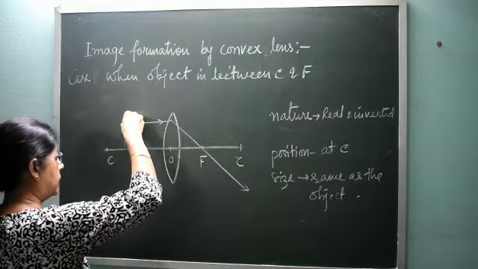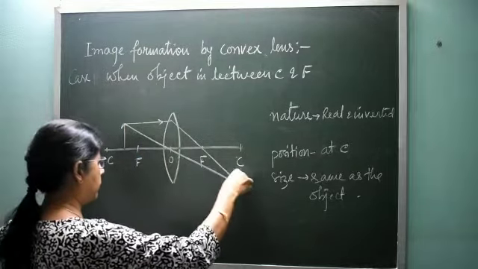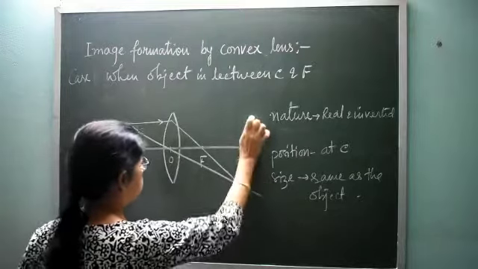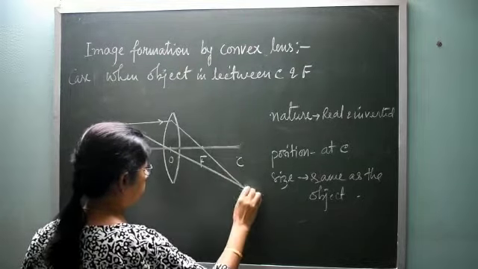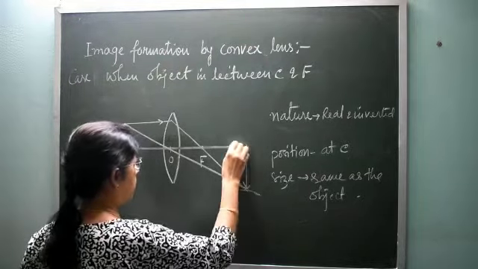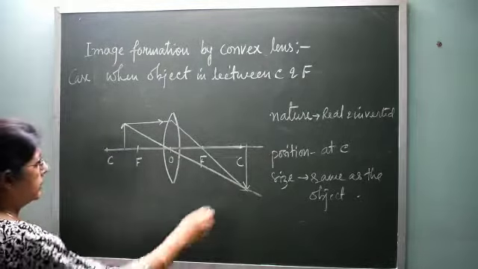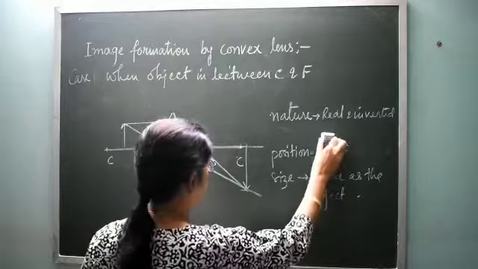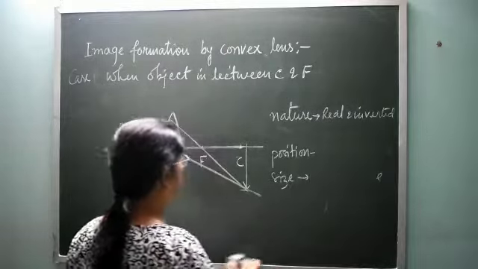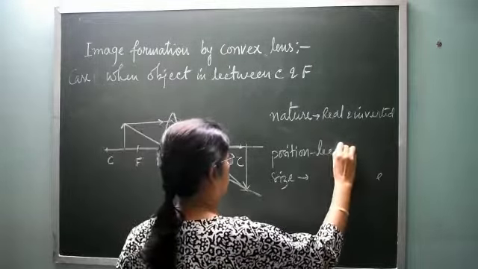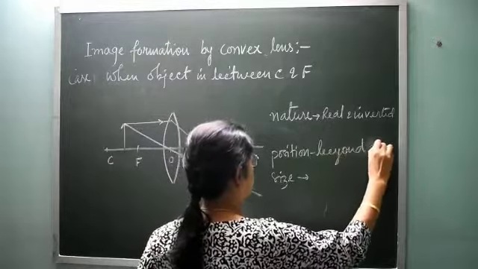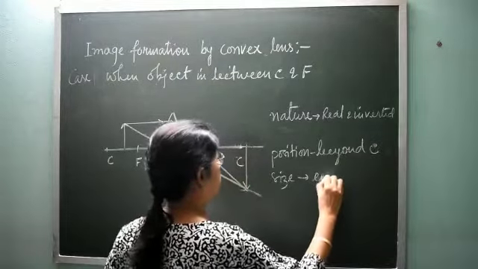Next, one ray passing through O will remain unchanged. Then these two rays meet at this point, so we will get the image here. Again, what is the nature of the image? Real and inverted. It will form beyond C, and it is enlarged.